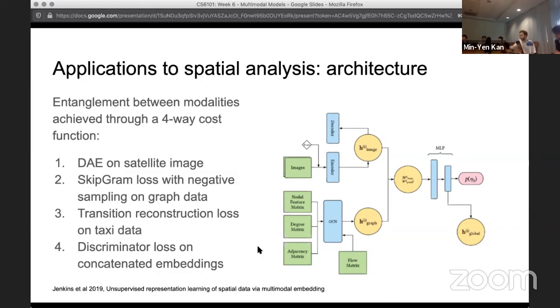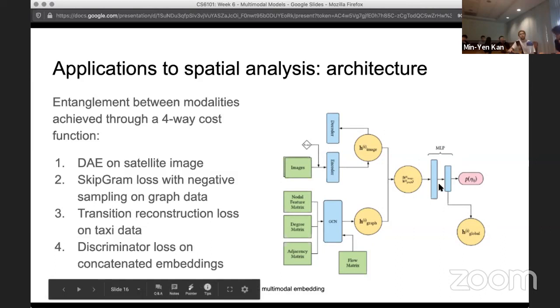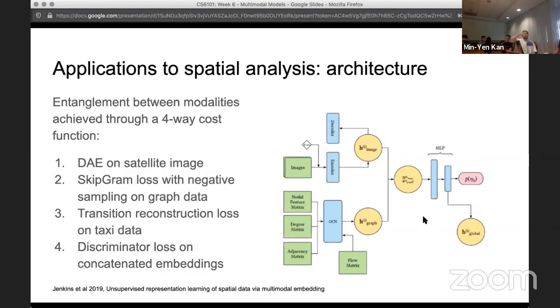And then they produce two embeddings, one for the image and one for the graph, and then they concatenate both and run a multi-layer perceptron to produce a final embedding. The trick here with the multi-layer perceptron is that a lot of times when you're trying to embed something, you concatenate everything, and then half of the nodes will only look at one part of the embedding, and the other half will look at the other part.